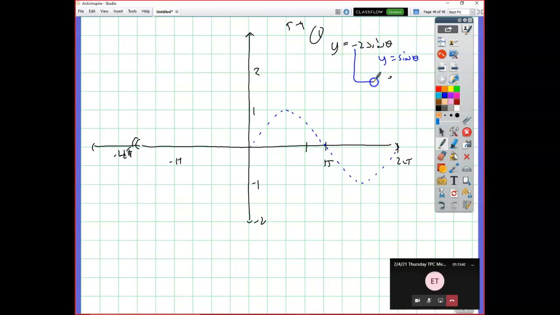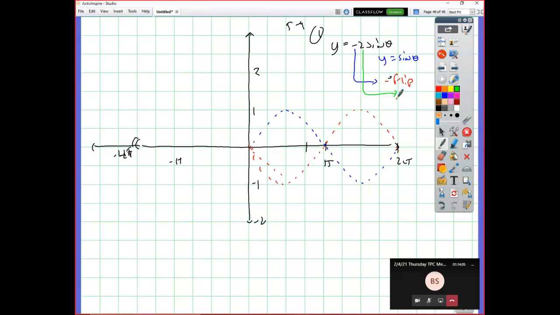All right. Now, what am I going to do? Start from the left to the right. What does the negative tell me to do? It's going to tell you to flip it. So I'm going to go like this. Excellent. And then you're stretching it by 2.